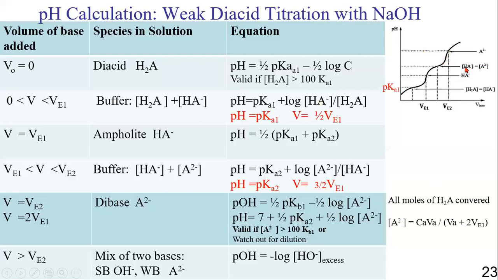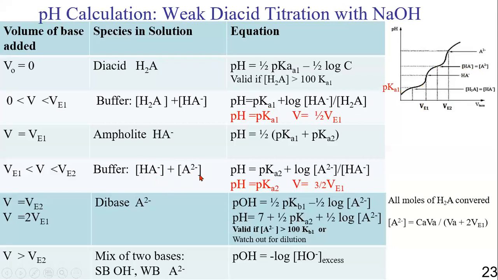So what do we have? We have a region where I have both HA minus and A2 minus, at a volume anywhere between the first equivalence and the second equivalence.